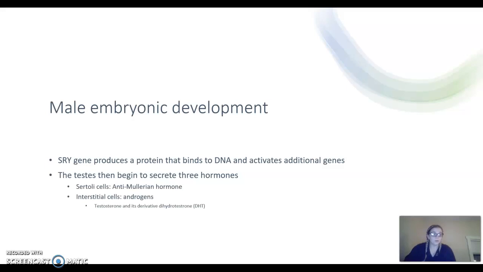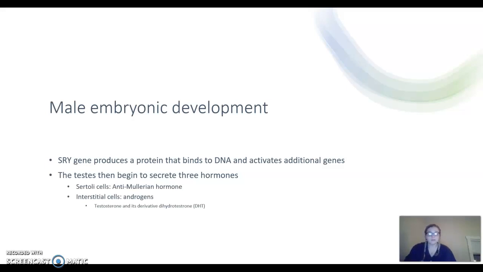The first hormone is the anti-Müllerian hormone, and it is secreted by the Sertoli cells. This causes the embryonic Müllerian ducts to regress. The next hormones are androgens secreted by interstitial cells, and these include testosterone and its derivative dihydrotestosterone.